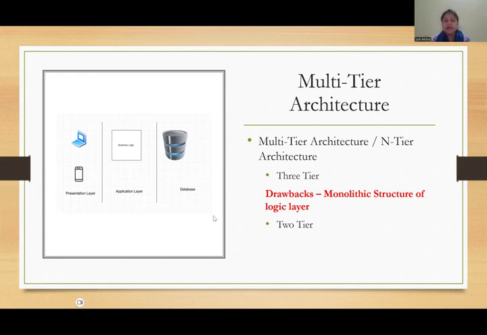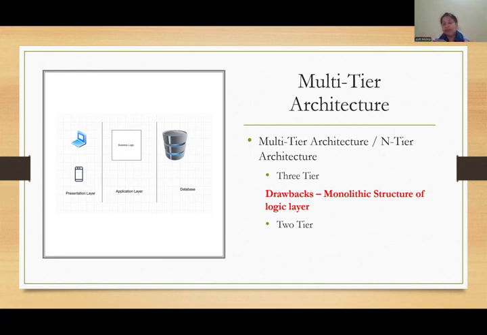Now, looking at the diagram, you can see that this application layer has all the business logic. We always talk about one of the good quality attributes of a system being scalability, availability, or organizational scalability. For example, if we decide to add more developers, as the application layer is single, it's acting like a monolithic structure, so you won't be able to scale your teams.